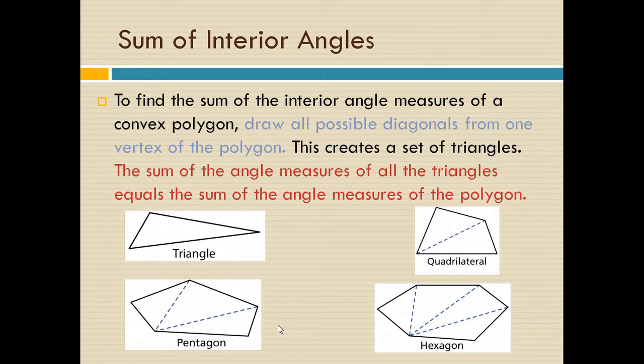So I have 3 triangles, so it would be 3 times 180 degrees. For a hexagon, I can draw 3 lines, which makes 4 triangles. So 4 times 180 degrees for the sum of the interior angles.